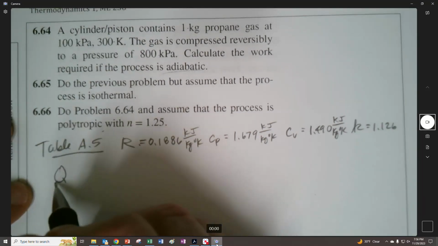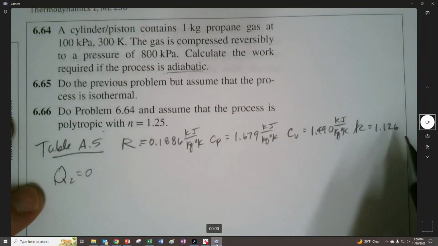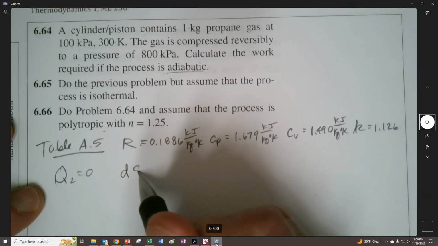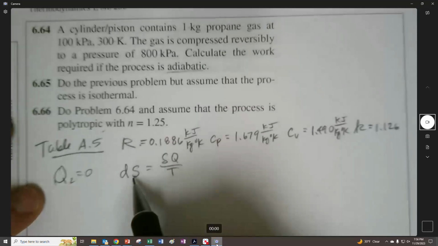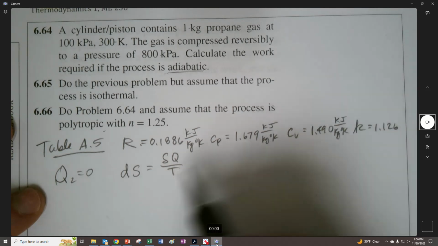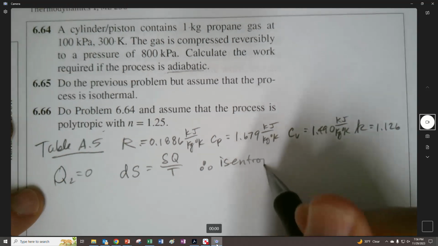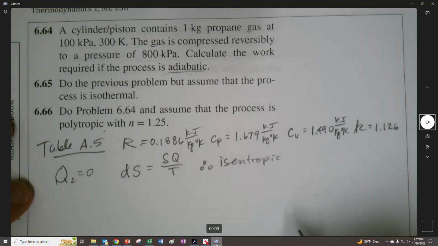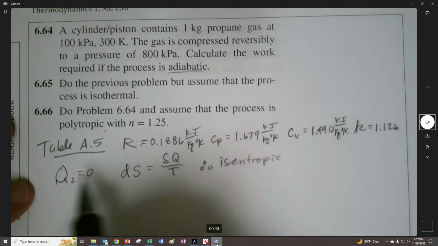What that means is Q equals 0 for the adiabatic setup, and a definition equation of entropy involves the heat change. If they had said it was adiabatic and reversible, it would have been isentropic, but they didn't say those words, so that's why I'm bringing that up.